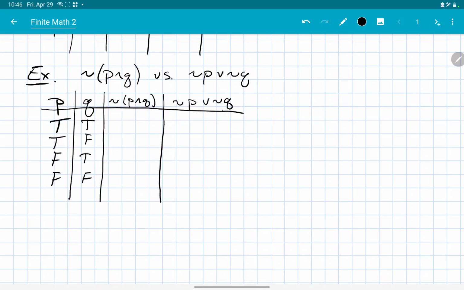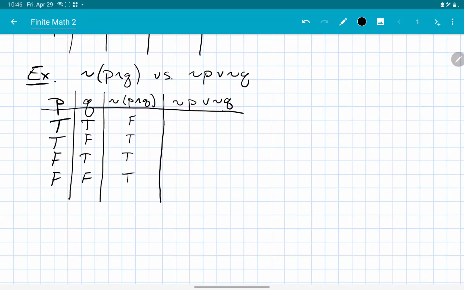Hope maybe we can figure this out without adding too many extra columns. So we'll see if we can get this done in one broad stroke. Okay, not P and Q. P and Q is true only in the first row of this column. Right? P and Q is true only in the first row. We're taking the negation of that. So this is false only in the first row and true otherwise.